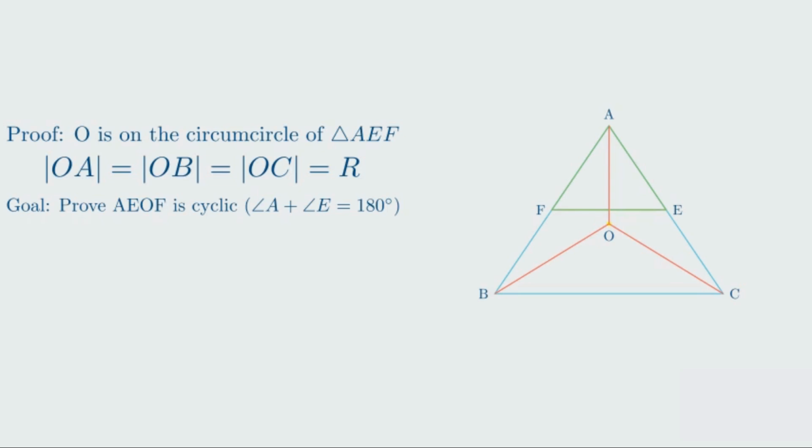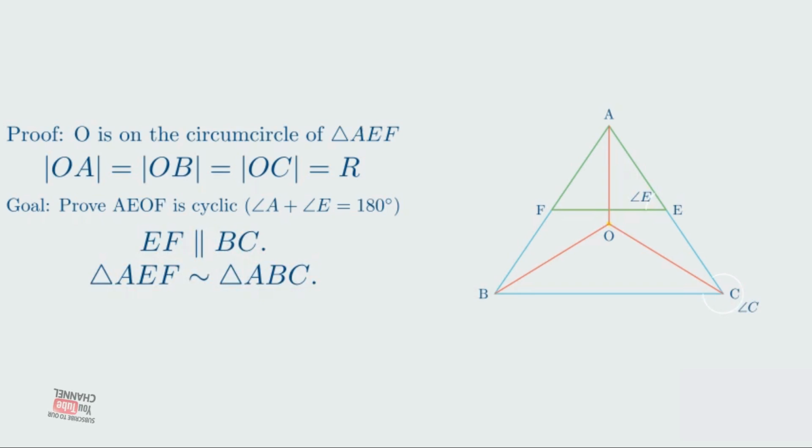Since E and F are midpoints, the segment EF is parallel to BC. This means the smaller triangle AEF is similar to ABC. Therefore, angle AEF is equal to angle C. Now, let's consider angle EOF. The central angle EOF subtends the arc EF in the circumcircle of AEF.